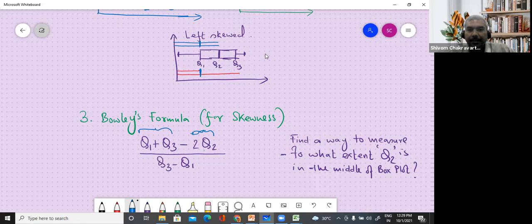What we are trying to measure is a comparison of the distance between Q3 and Q1, how long it is compared to the distance from Q1 to Q2.